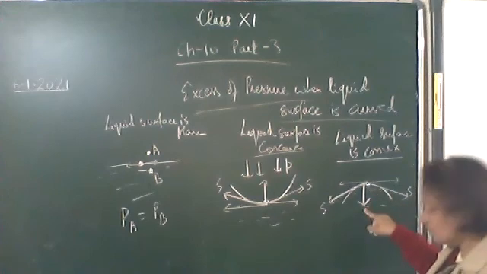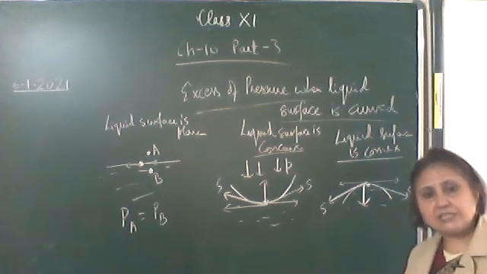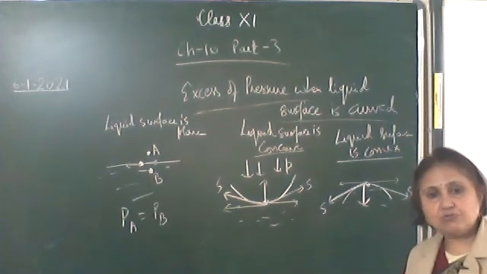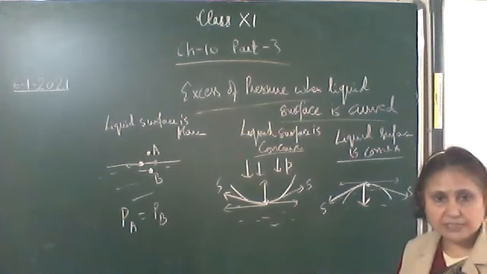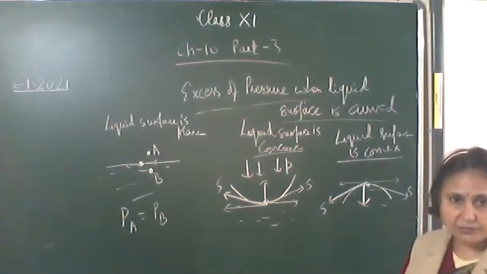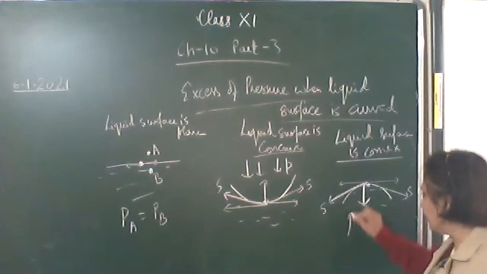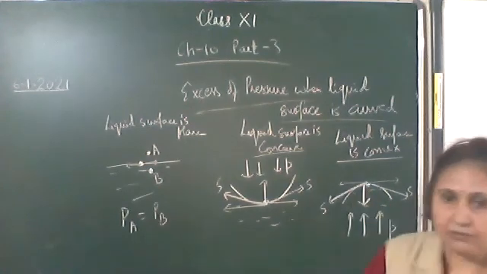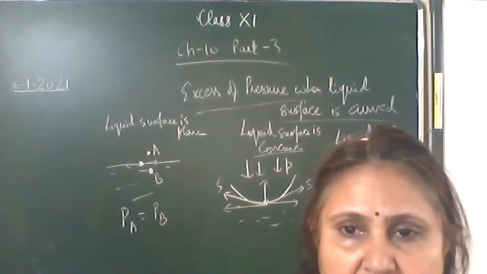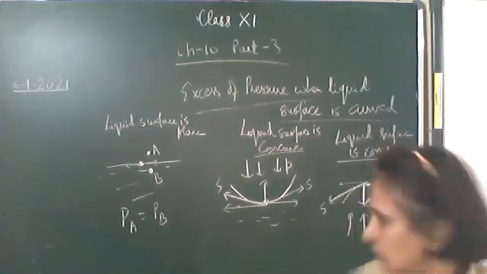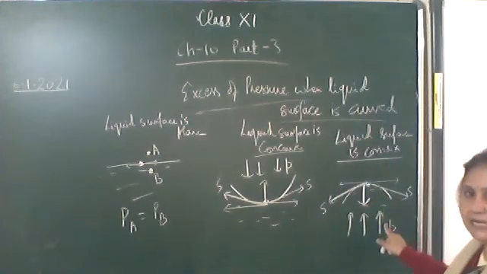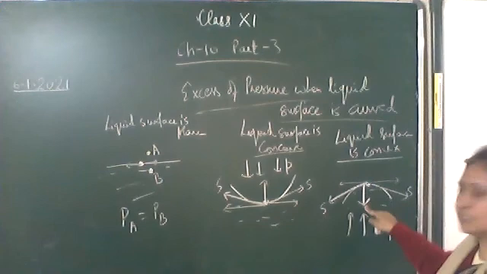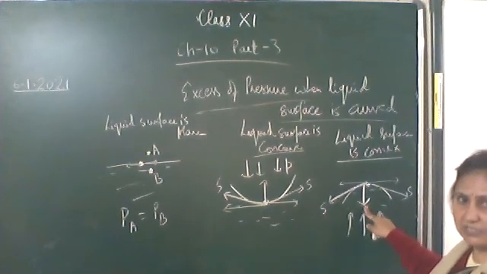Now, due to this force of surface tension, the liquid surface should move in the downward direction, but it is not so. It is at rest. It is in equilibrium. So it means there is some excess of pressure acting in the liquid side in the upward direction, which is balancing the vertical components of the surface tension.